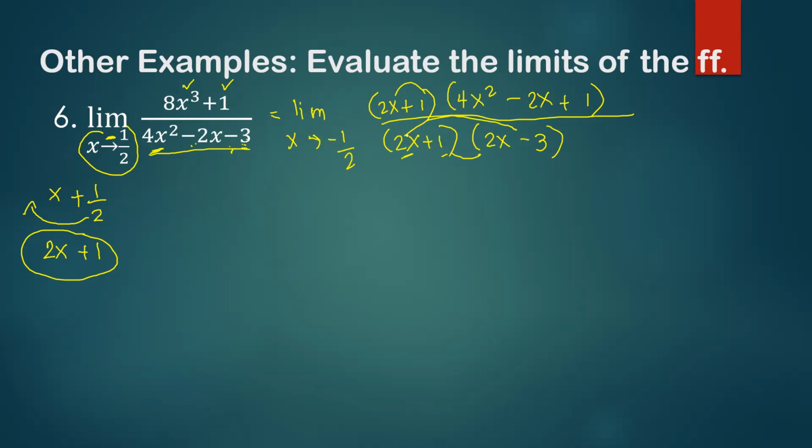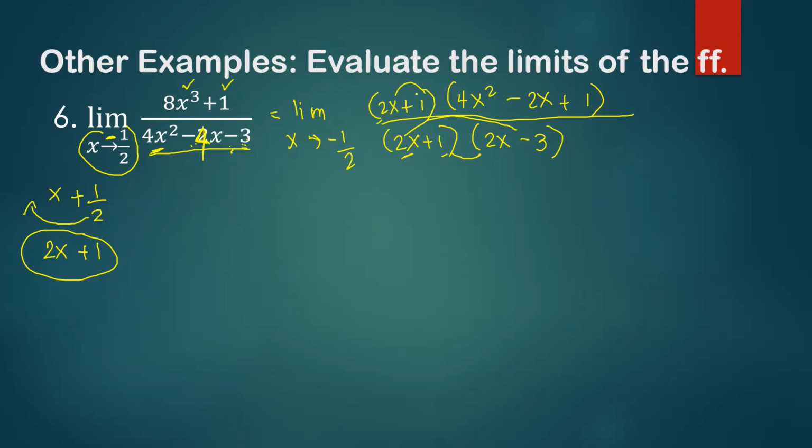Negative 6, positive 2. Medyo may mali yata yung sa middle term natin. Negative 6 and positive 2 is negative 4. I think this should have been negative 4x. Sorry for the correction again. That should have been negative 4x. Kasi otherwise, that would not have been factorable. Okay. Ayun, so sorry about that.